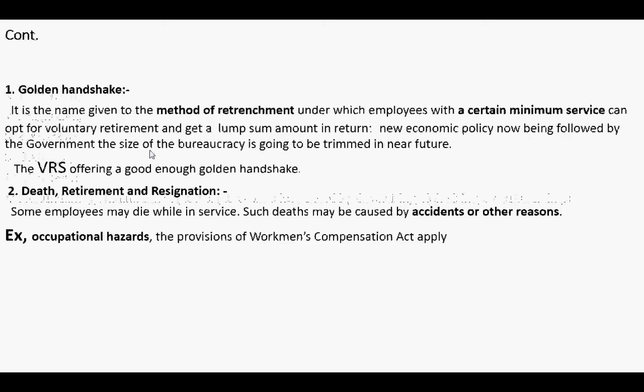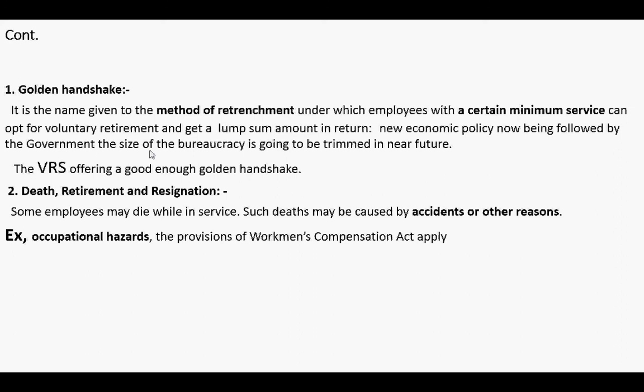Number one, golden handshake. It is a name given to the method of retrenchment under which employees with a certain minimum service can opt for voluntary retirement and get a lump sum amount in return. Due to the economic policies made by the government, the size of the organization and the size of the department have to be reduced.